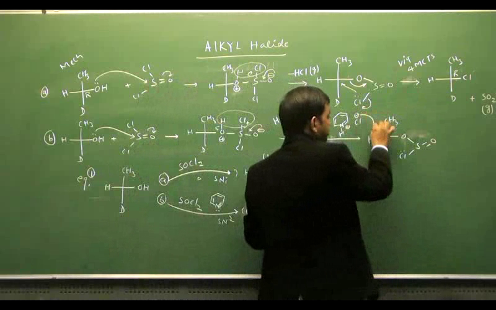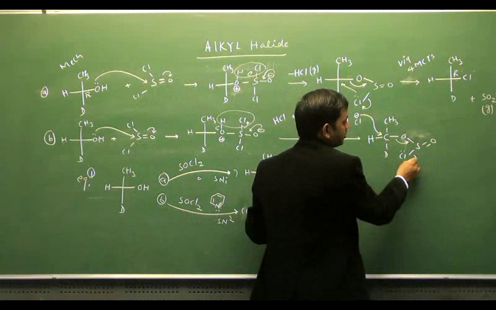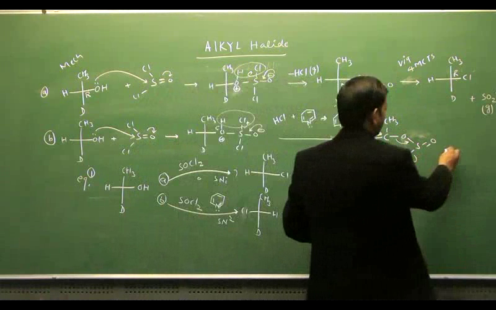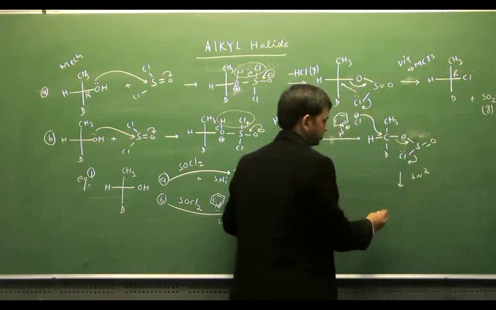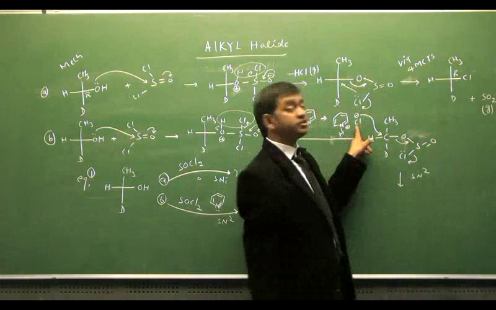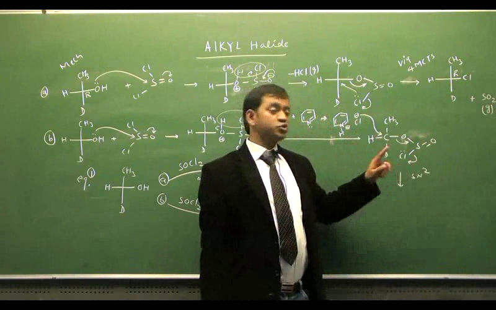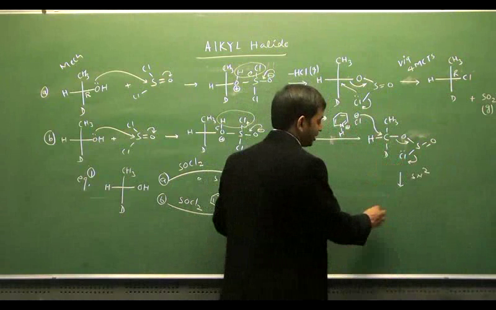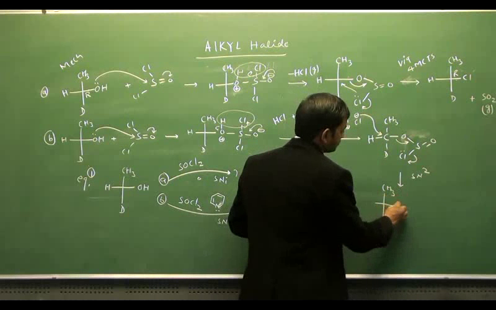Therefore, the attack being more nucleophilic, backside attack takes place, and it leaves in the form of SO2 and Cl. Again this is SN2, and the product is obtained via SN2 backside attack because negatively charged Cl is more nucleophilic. So it does not follow SNi; the major product we obtain is via SN2 and Walden inversion takes place.